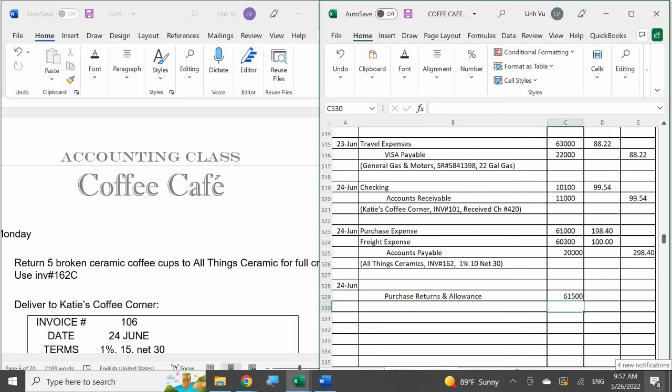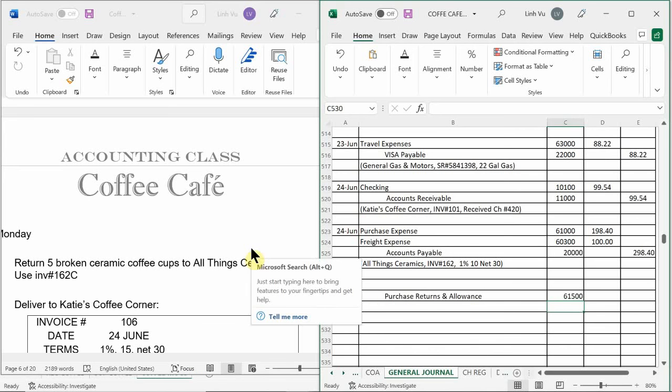Now, how am I going to get that refund? By using invoice 162C. So it would be accounts receivable. Not receivable. We didn't sell to a customer. Payable.